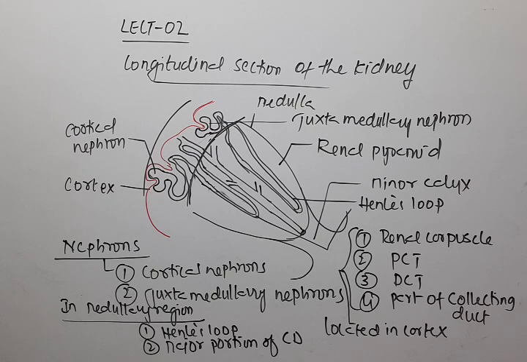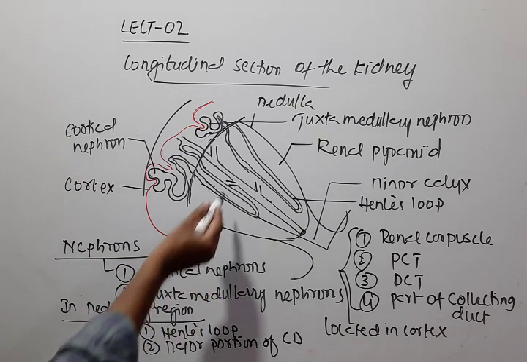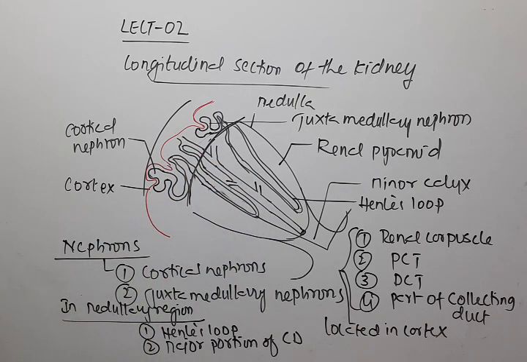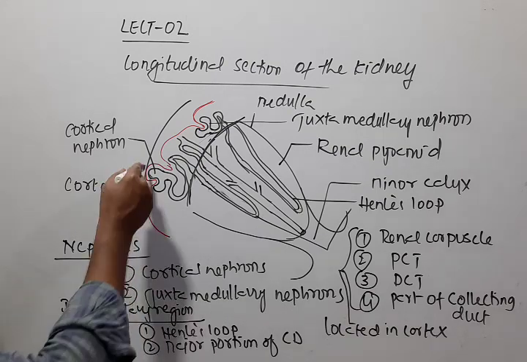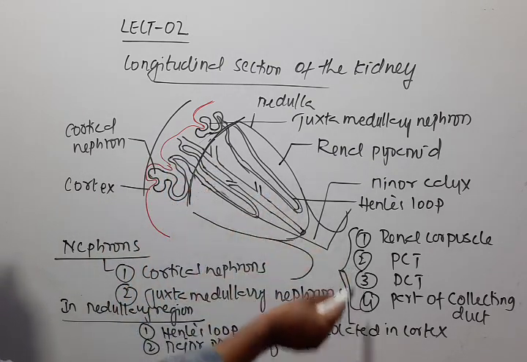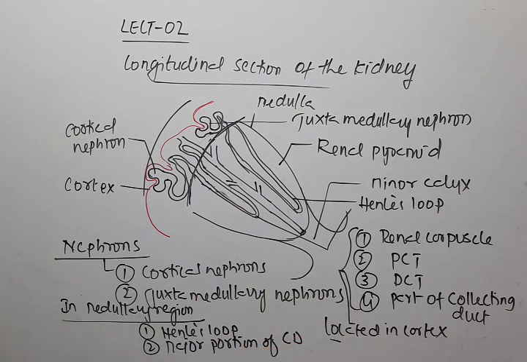So the major portion of the collecting duct and the Henle's loop are located in the medullary region, right? So we have seen here what parts of the nephron are present in the cortex and what parts of the nephron are located in the medullary region.